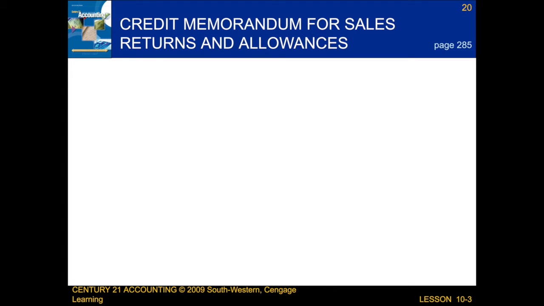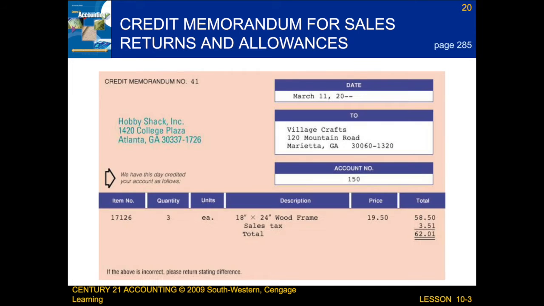Alright, next we're going to be talking about the credit memorandum for sales, returns, and allowances. As you can see here, the credit memorandum number is 41. It's from Hobby Shack Incorporated, and it shows us their address and where they're located.